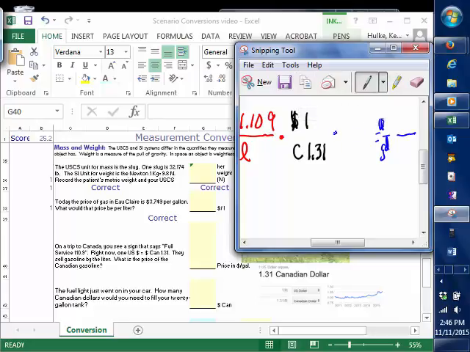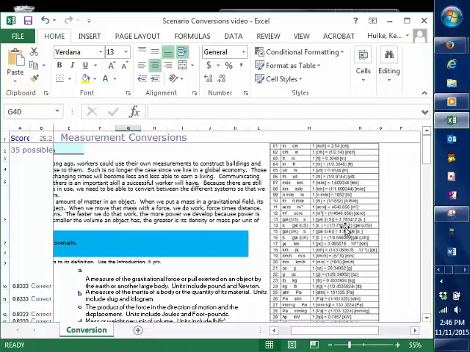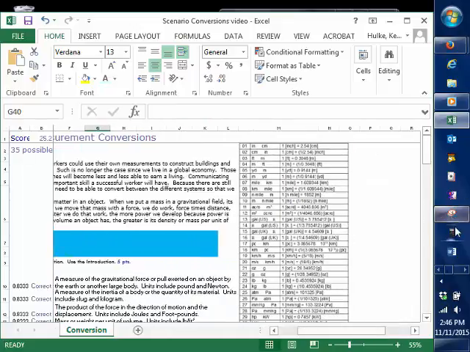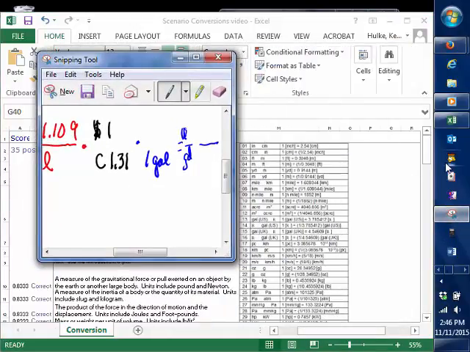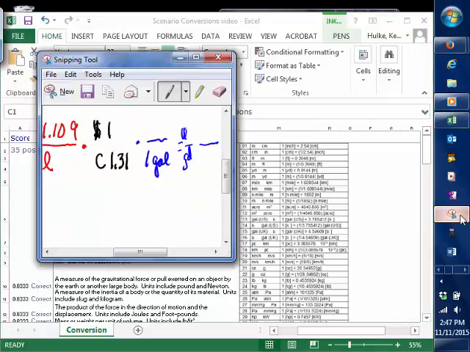So now, 1 gallon, according to our conversion chart, it says here 1 gallon US is 3.785412.